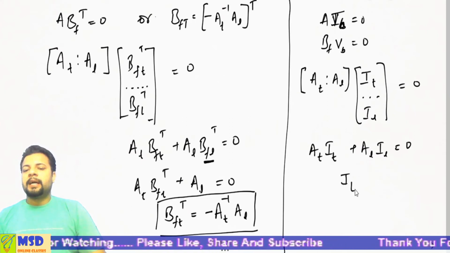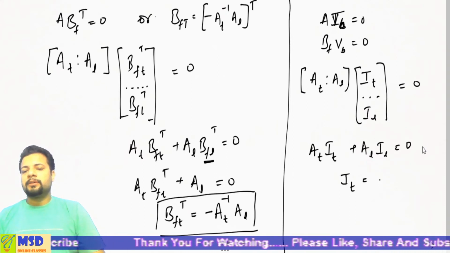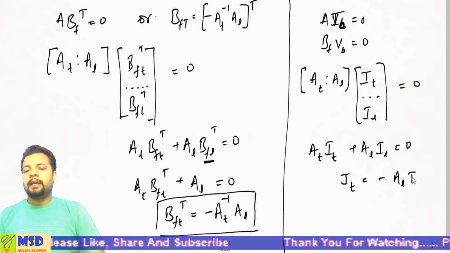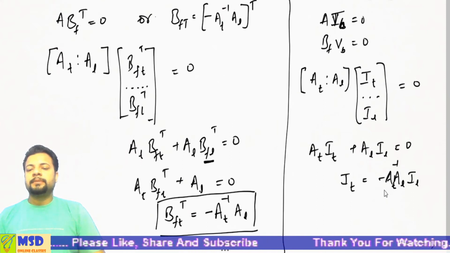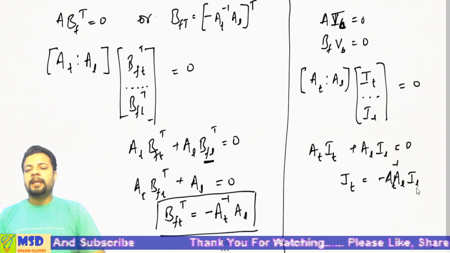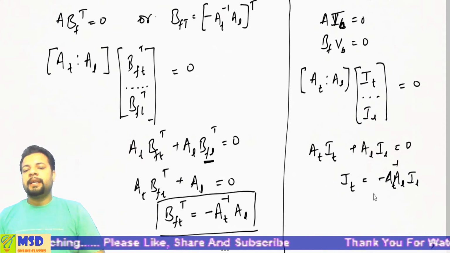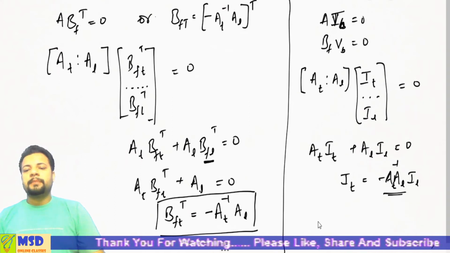We can say IT to be equals to minus of, taking this on the right hand side, minus of AL IL, and AT again here it becomes AT inverse AL IL. So this is the relationship between IT and IL in terms of incidence matrix.